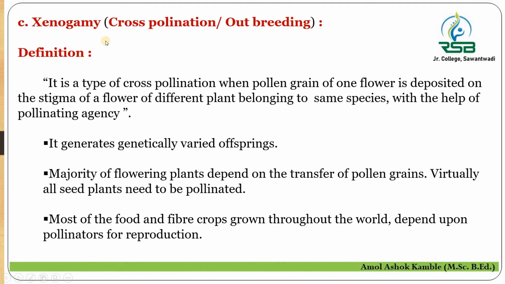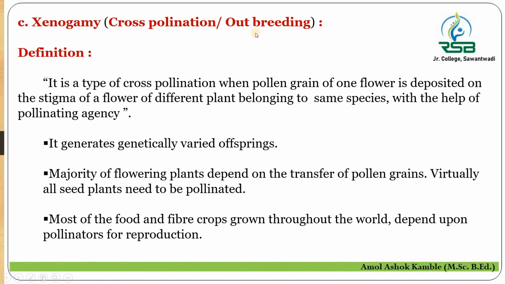Then the third one, that is the xenogamy, which is also called cross pollination or outbreeding. What happens in xenogamy?